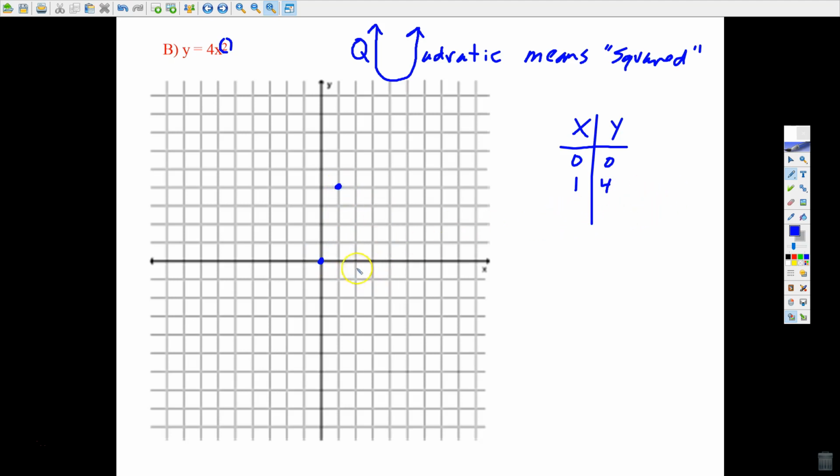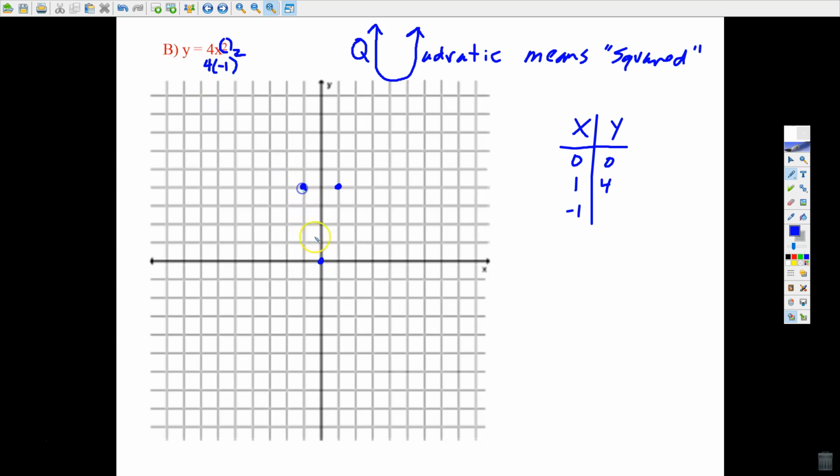Okay, and if it's got to produce a U shape, you probably can see that I'm going to get the same value for y if I let x be -1, because if I input -1 here and square it, remember PEMDAS says you square then multiply. -1 squared is 1, and then 1 times 4 is 4.